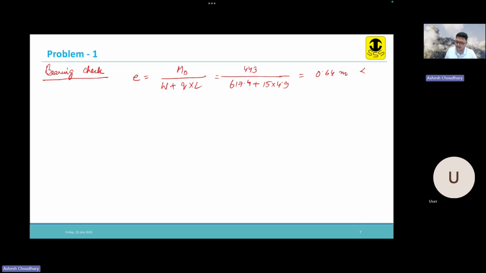Yes, it should be less than L by 6. So L is 4.9, less than 4.9 by 6. So, okay, right.